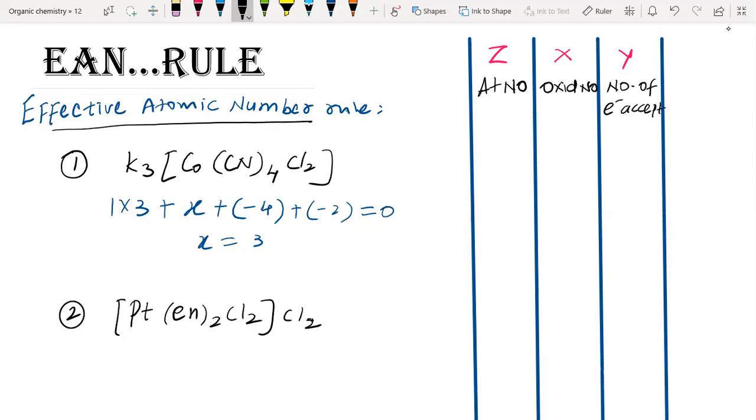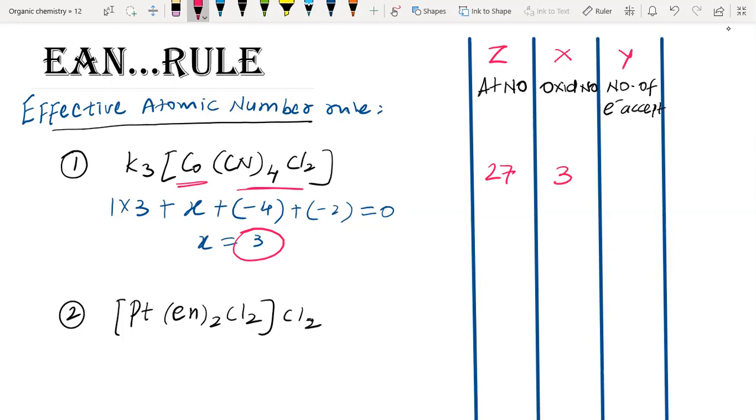So for this very first complex, the atomic number of cobalt is 27 and the oxidation number is 3, and the number of electrons accepted by cobalt we can get from these ligands.